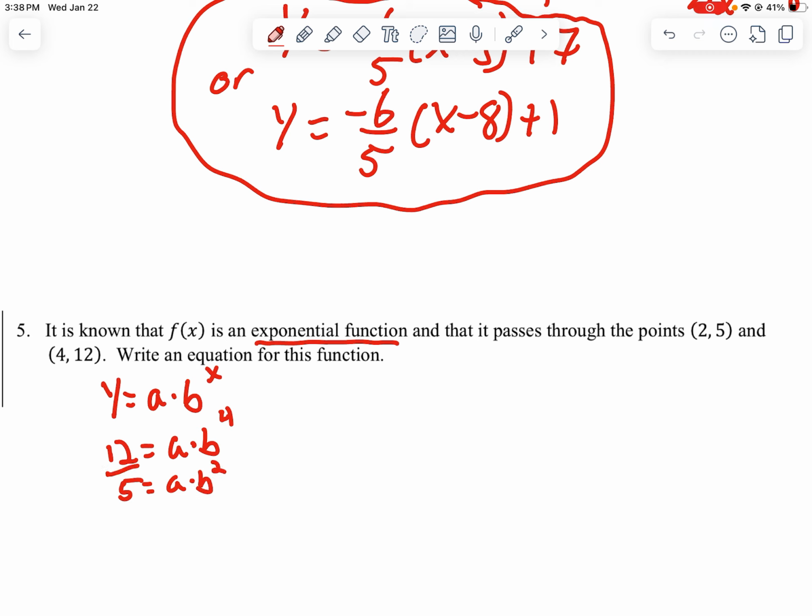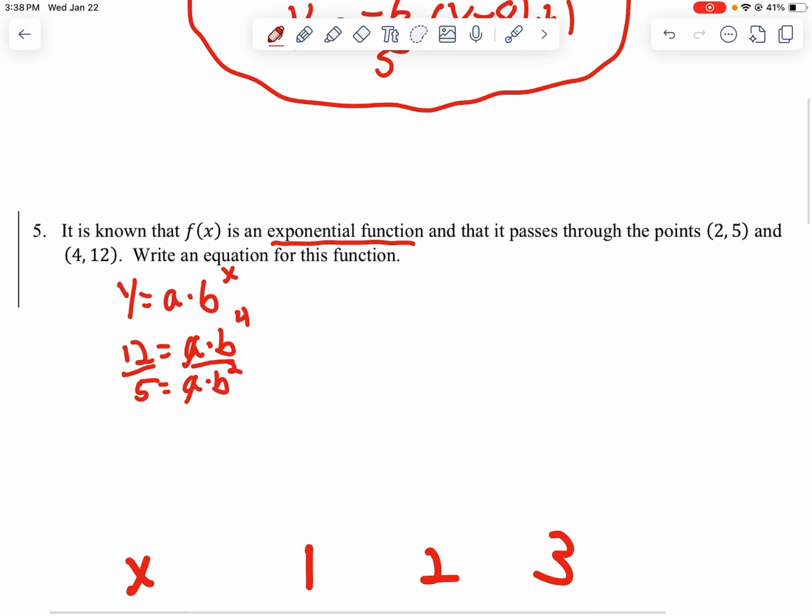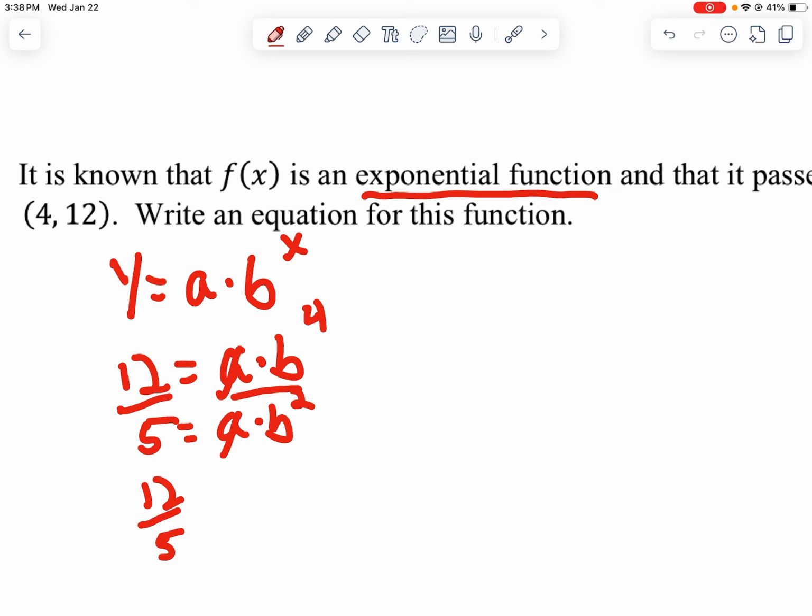If I just divide, and again, this was done in your notes, this is a little bit different than what he did to figure out the base on the video that you have linked to this, you end up with 12/5 equals b to the 4th over b squared. When you have division of powers, you subtract the exponents.